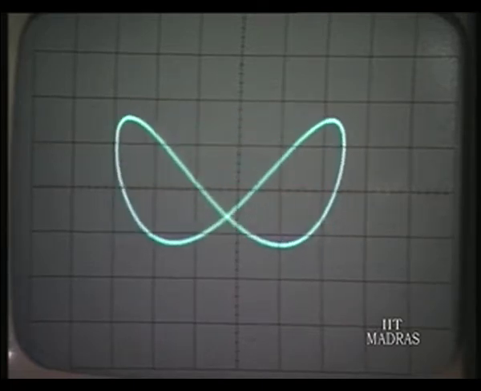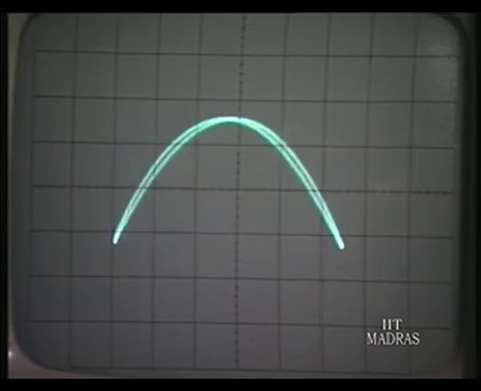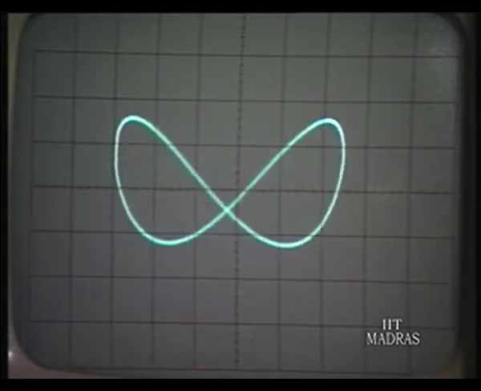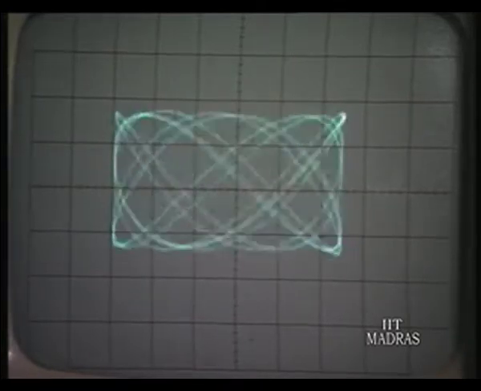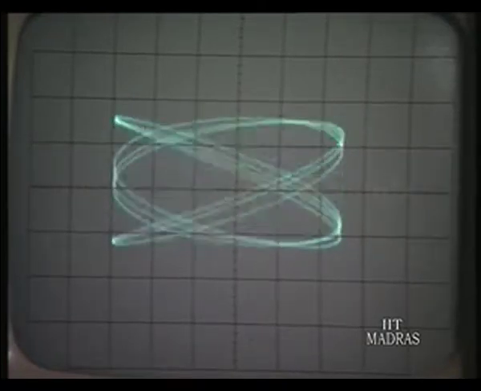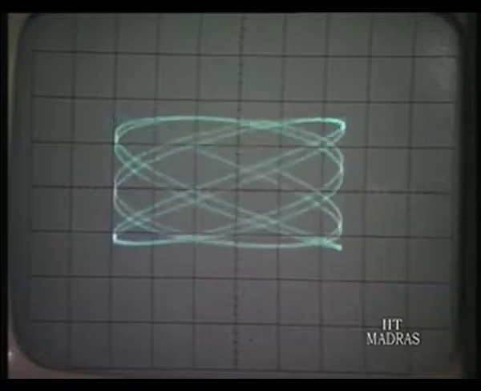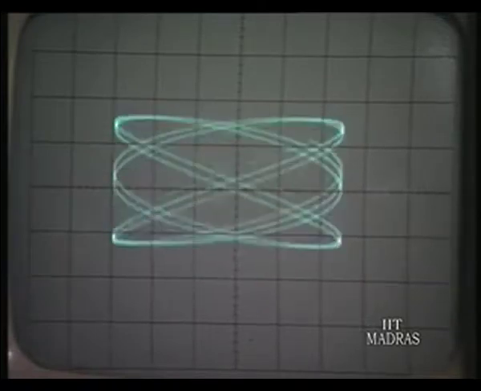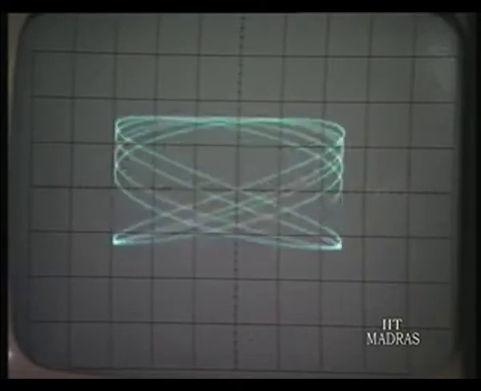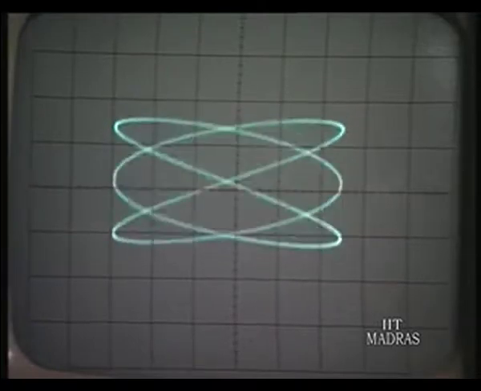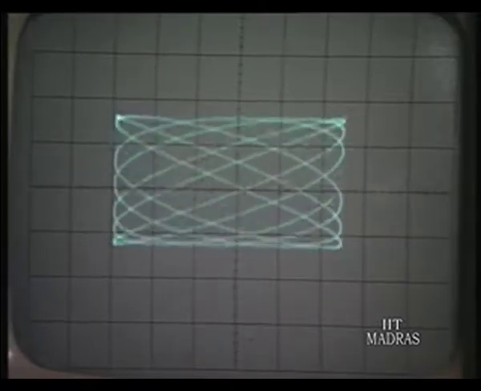At half the frequency, again you get a figure of 8 in the vertical direction, half the frequency. Ellipse again. This is a technique of measurement of frequency, obtaining this Lissajous figure, it is called.